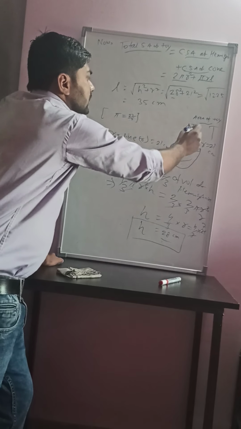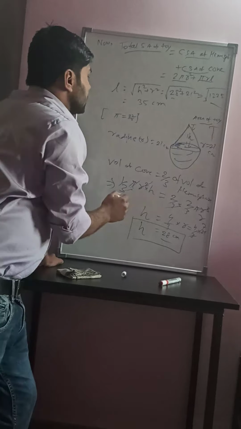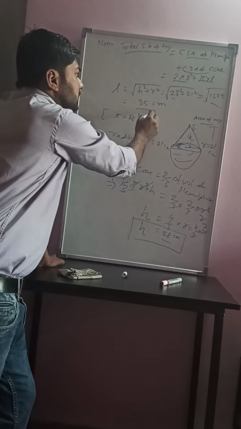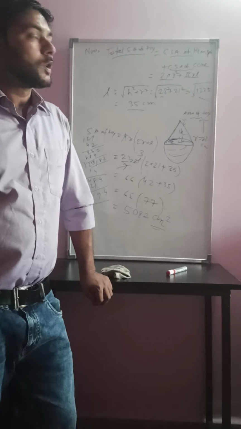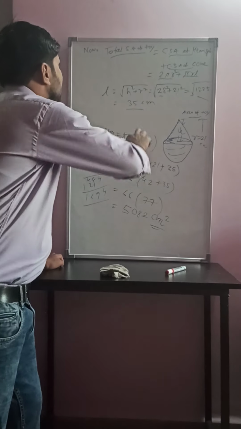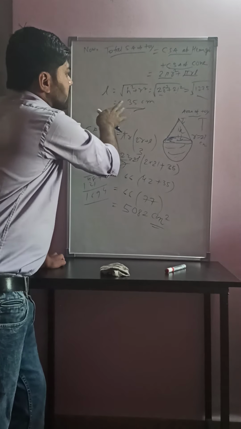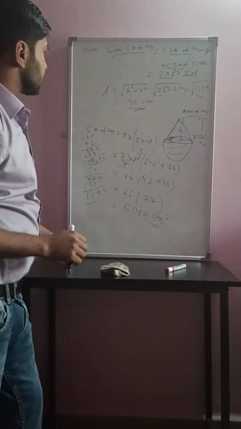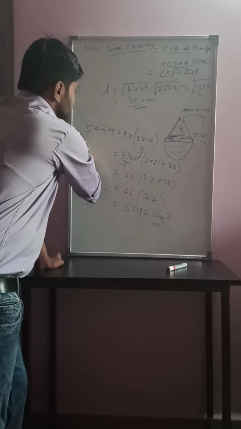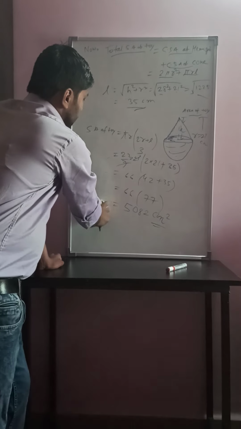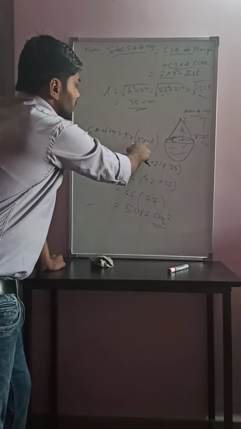The value we get is 1225, and the square root of 1225 is 35 centimeters. Now we have to find the total surface area of the toy. The surface area of the toy is equal to pi r, taking pi and r common, pi r into 2r plus l.